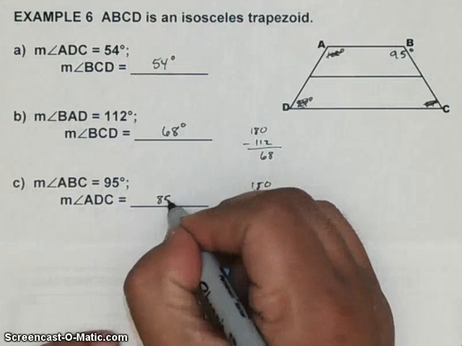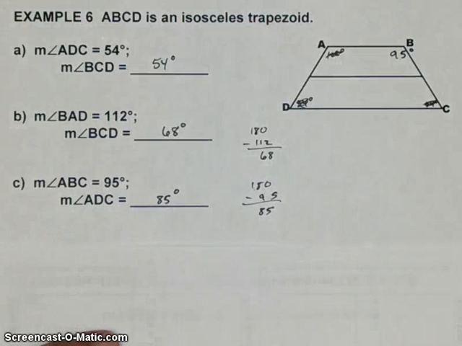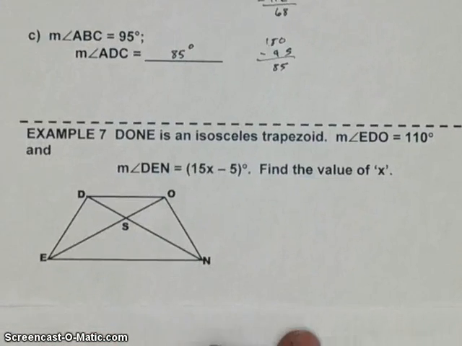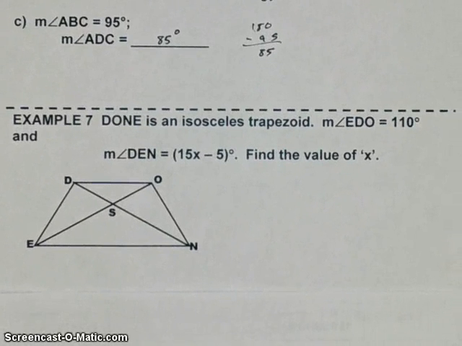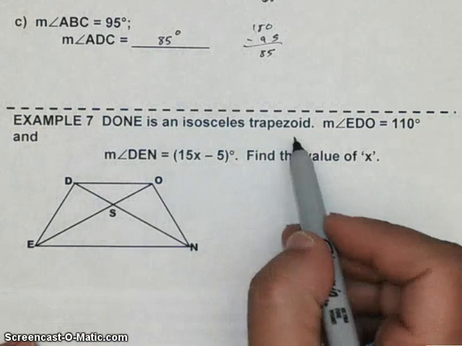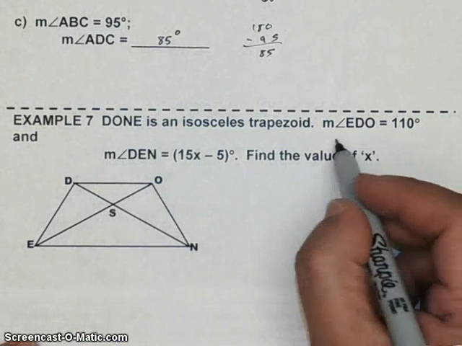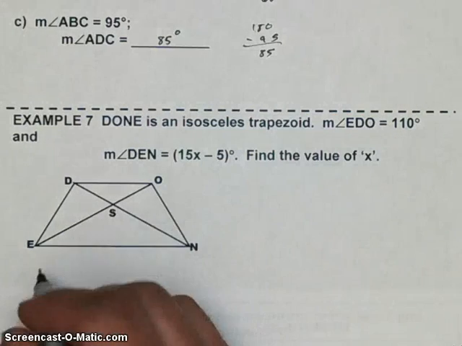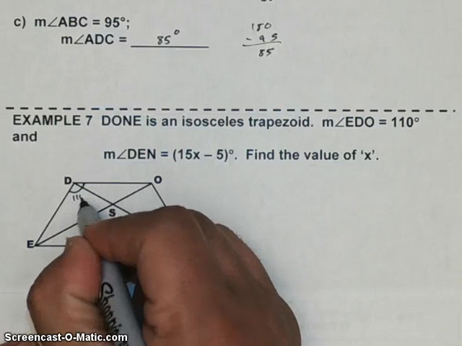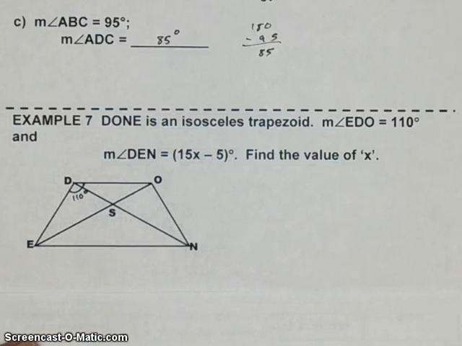So this angle here, angle ADC, is 85 degrees. All right, we got two more examples. DEON is an isosceles trapezoid if the measure of angle EDO is 110. So this angle here is 110 degrees.